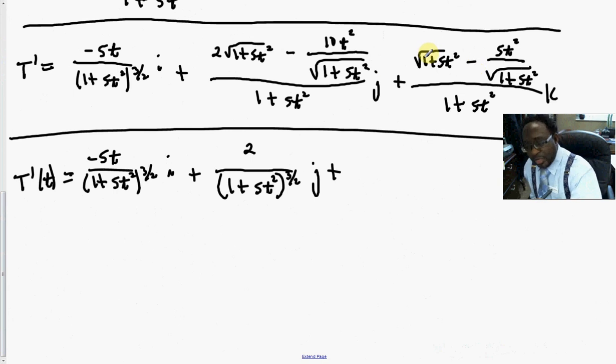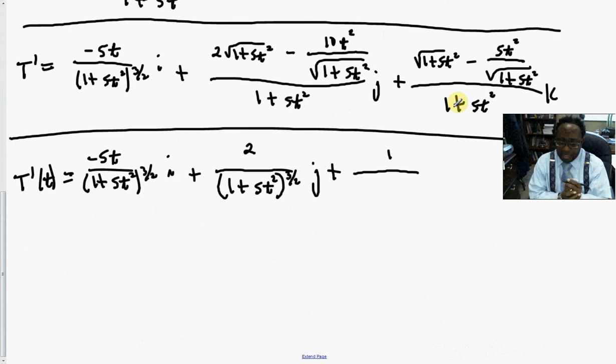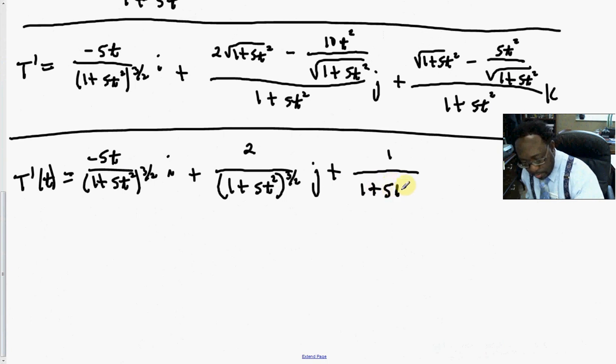So all you have in the numerator is 1 plus 5t squared minus 5t squared, which just leaves 1 over the square root of 1 plus 5t squared times 1 plus 5t squared, which is 1 plus 5t squared to the 3/2 power. And that's k.